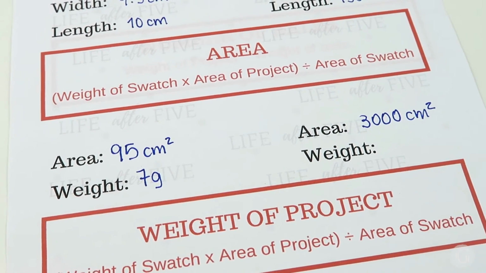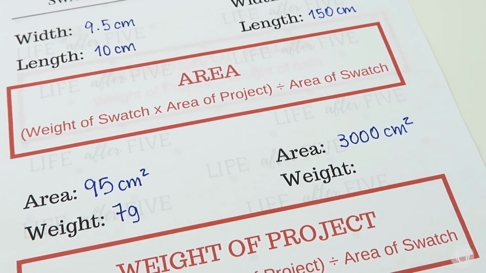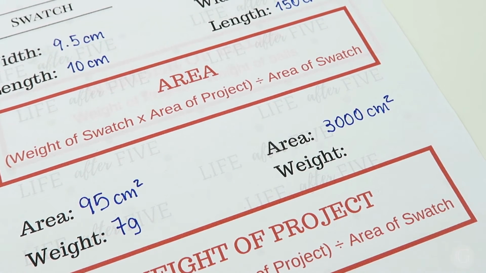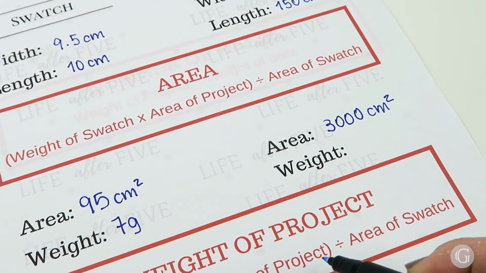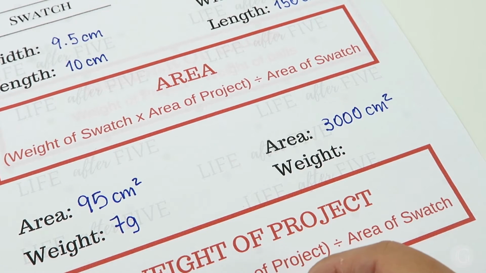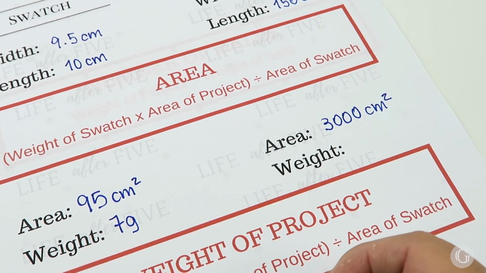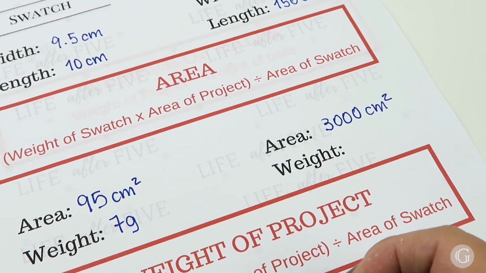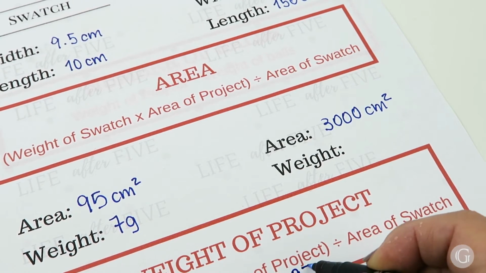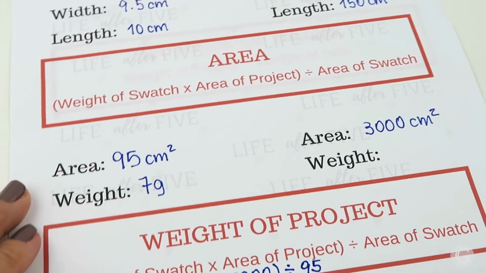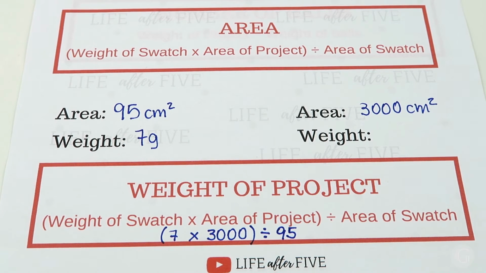In our case, the weight of the swatch is 7 times the area of our project, 3,000, divided over the area of the swatch, and the area of the swatch is 95. Okay, there I wrote it.